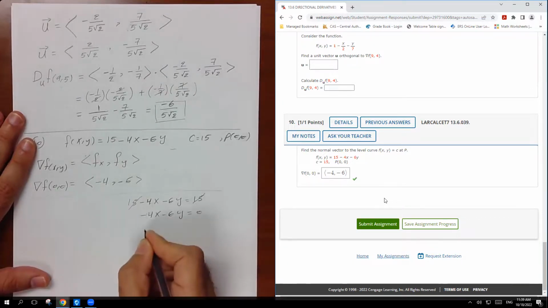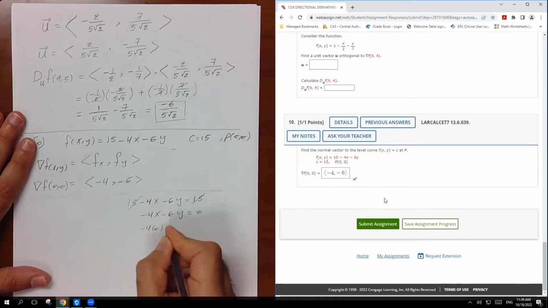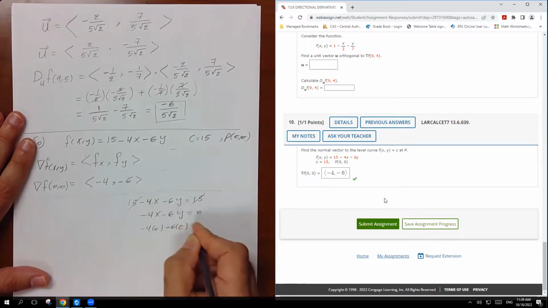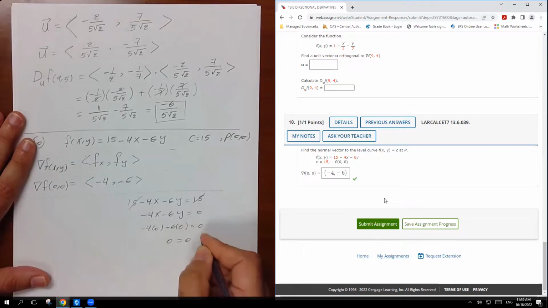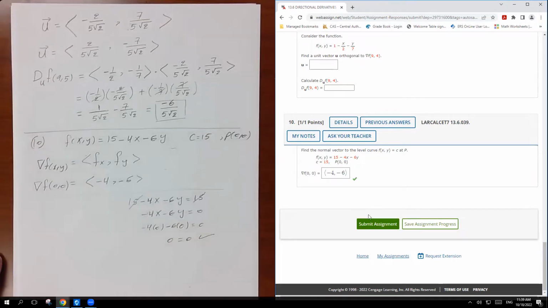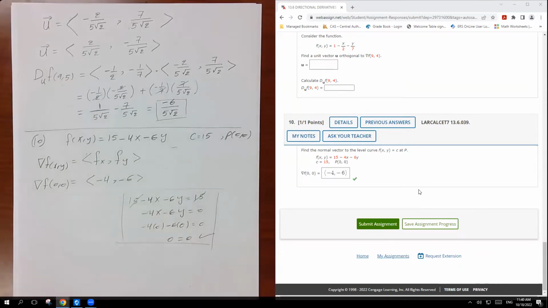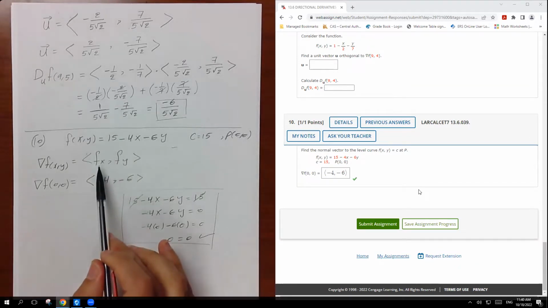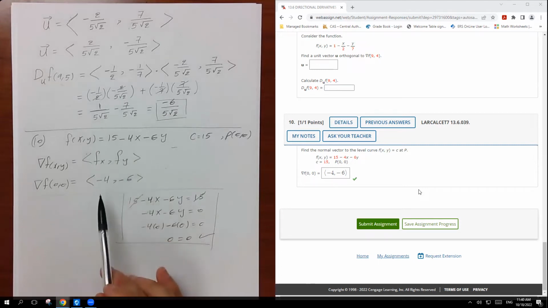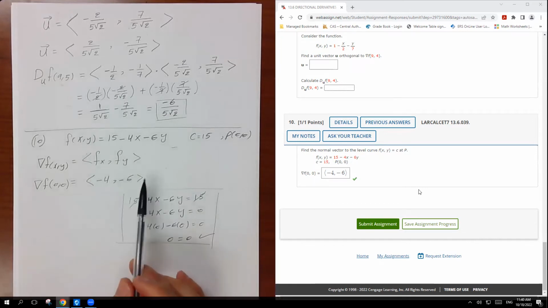Plug in the point 0, 0: negative 4 times 0 minus 6 times 0 equals 0, and we get 2 equal sides. About this one, you don't have to worry. They ask you to find the gradients. Just go ahead and find the derivatives f sub x and f sub y, and that's it. If you have x and y here, you have to plug in the point. But there is no x, there is no y, so go ahead, that's it.